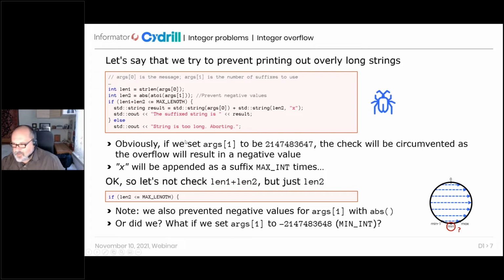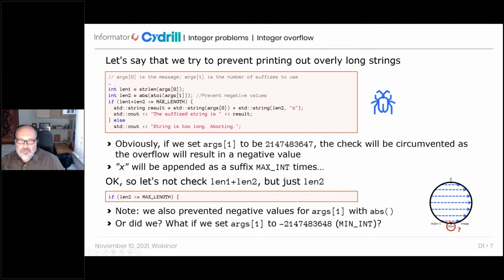Of course, this is just a stupid and very simple command line application. If that value is set to a large number, for example to int max, which is 2 billion and something, then we try to stop the show here.